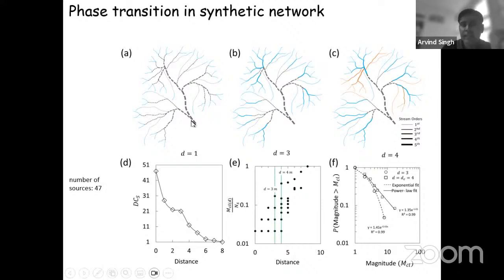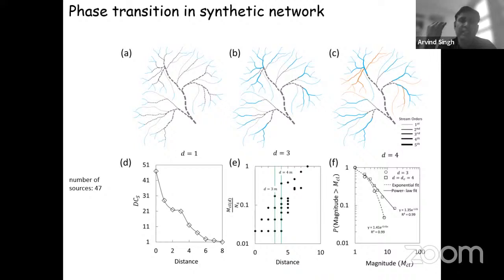So to first understand why this phase transition is occurring, we create synthetic networks and try to analyze the role of side branching on these cluster formations, or how the magnitude of clusters changes as a function of distance. In short, if we take a network which is purely branching and has uniform link length, then there will be no phase transition.